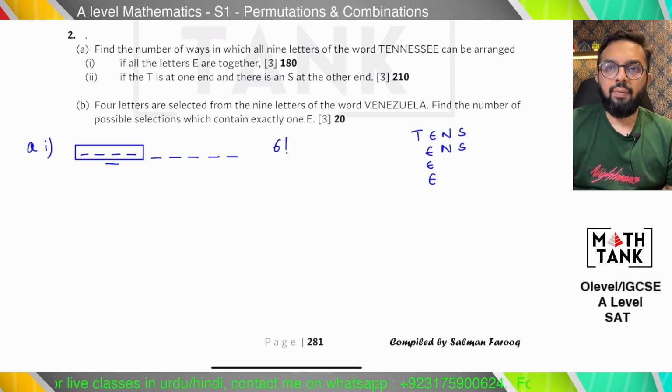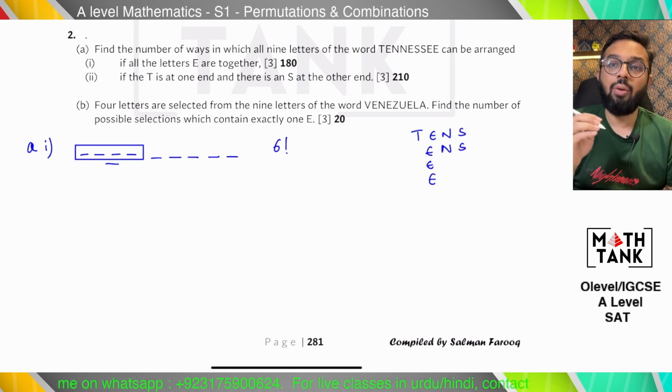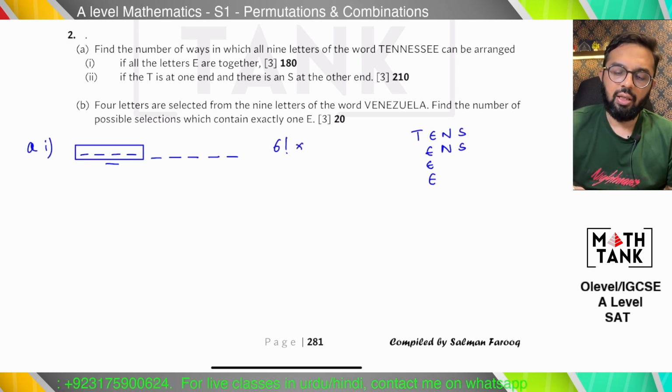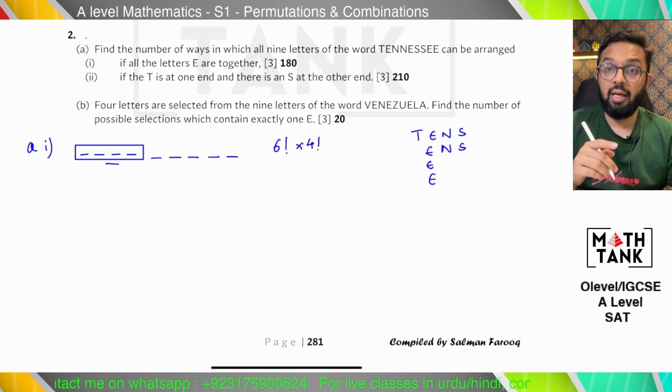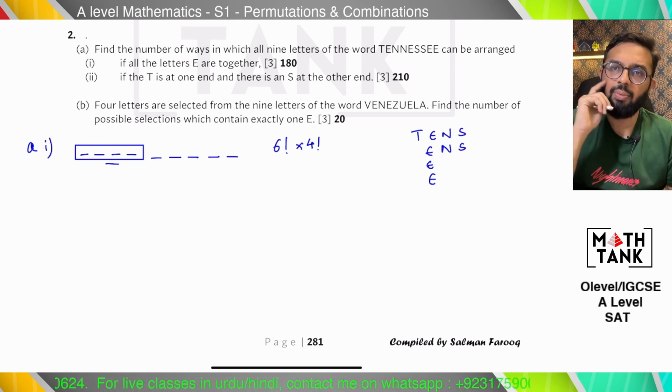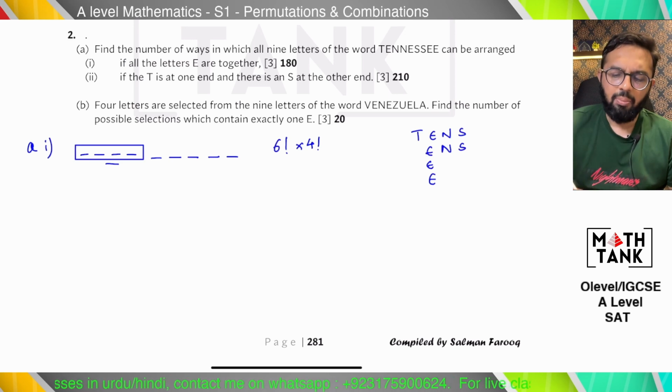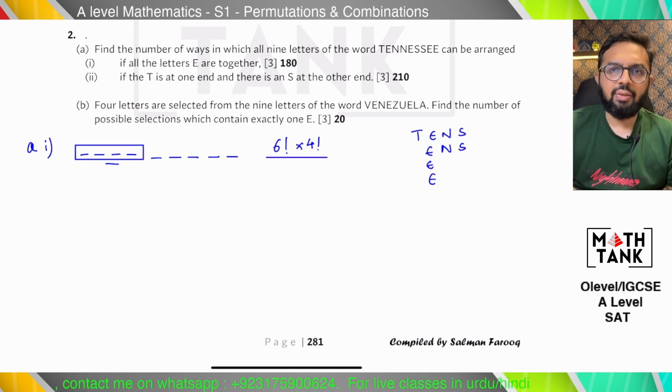Then remember that whenever you've drawn a box, you go inside the box and see how many different things are there. So there are 4 different things, so I'm going to say 4 factorial. Actually, there aren't 4 different things, there were 4 identical things. Still, I've drawn 4 dashes, so I've gone inside the box and done 4 factorial ways. But I know that this is going to vanish because whenever I'm arranging identical things, I also need to divide.